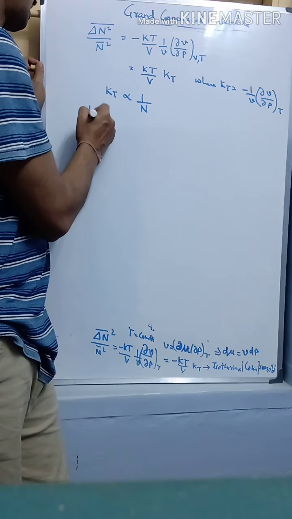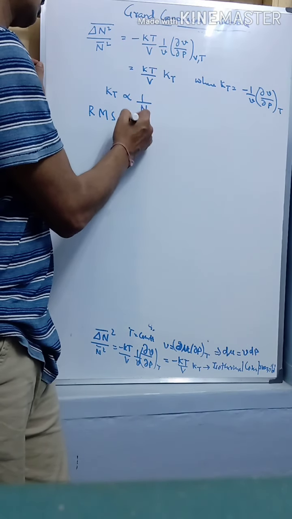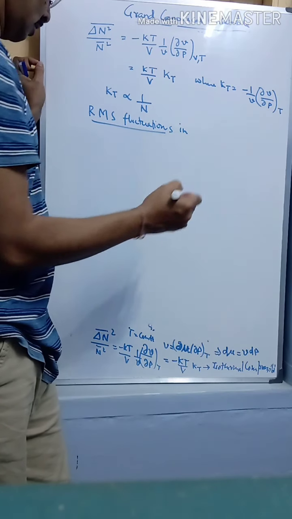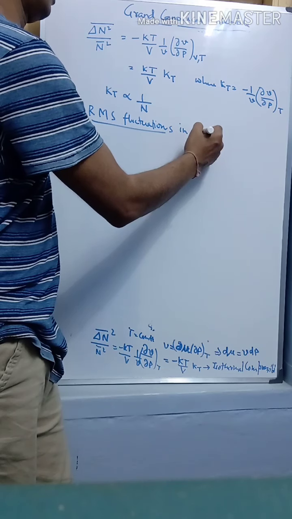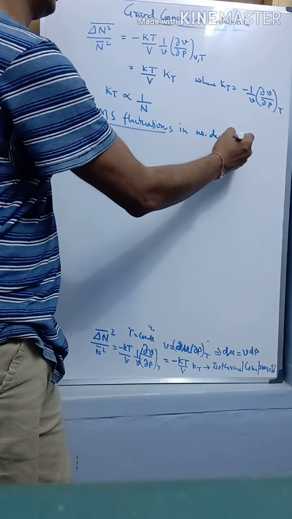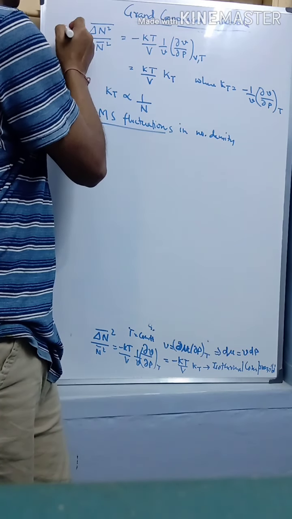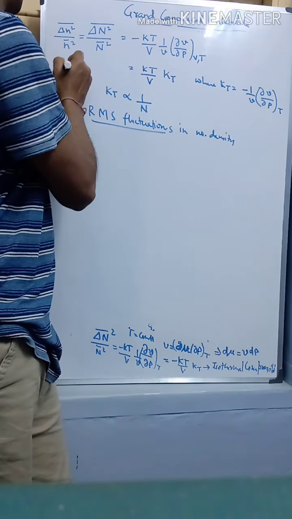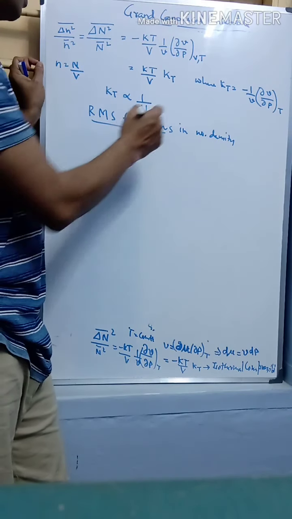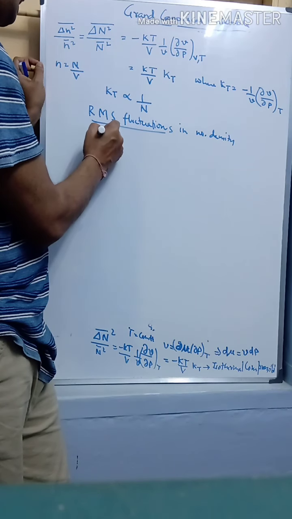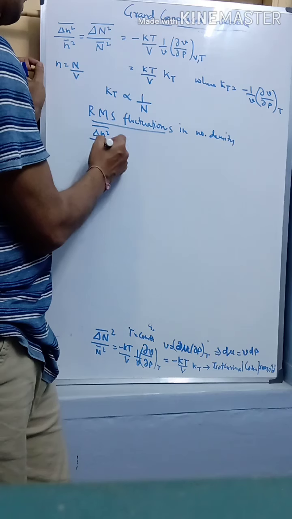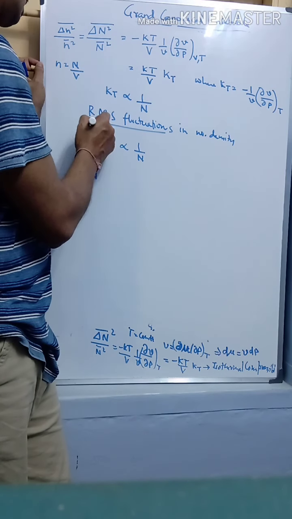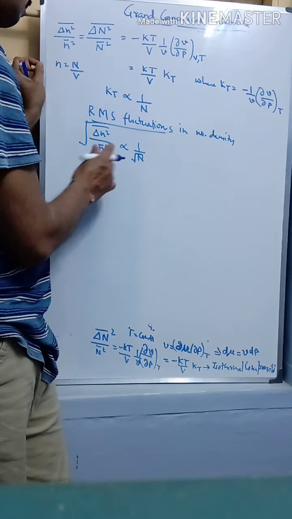So if one calculates the root mean square fluctuation in the number of particles in the case of the grand canonical ensemble, in number density, which can also be written as delta N square average by N square average, because n is N by V, you can write this as delta N square by N average square proportional to 1 by N, or the square root would be proportional to 1 by square root of N.